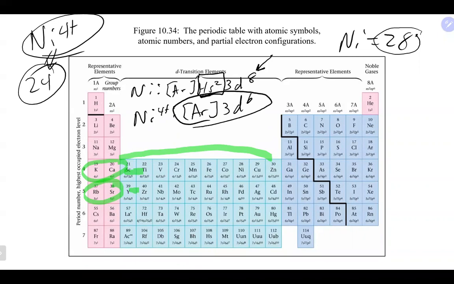Any questions on that? Which again would be 1s2, 2s2, 2p6, 3s2, 3p6, and then 3d6 at that point. Any questions on things with charges and electron configuration?